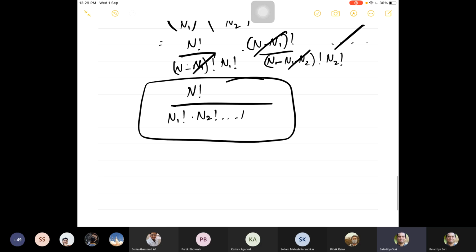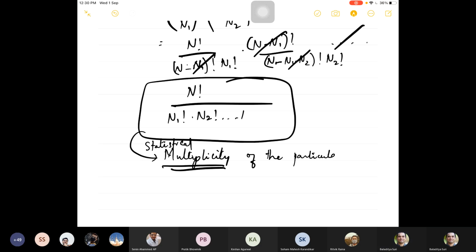Now, this here is the multiplicity. This is called the statistical multiplicity of the particular state, within quotes.